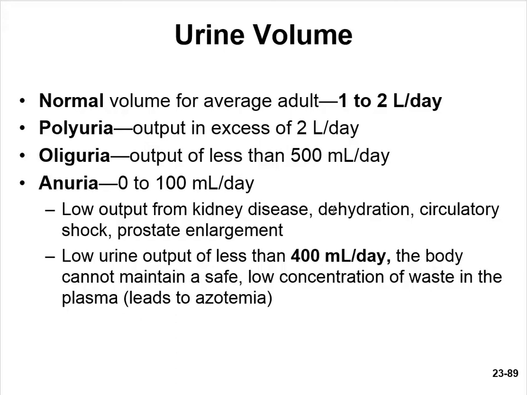Low output from kidney disease, dehydration, circulatory shock, or prostate enlargement could account for any of these low readings. At output of less than 400 milliliters a day, the body can't maintain a safe low concentration of waste in the plasma, which then leads to azotemia.